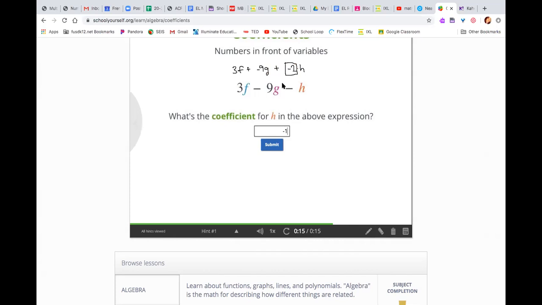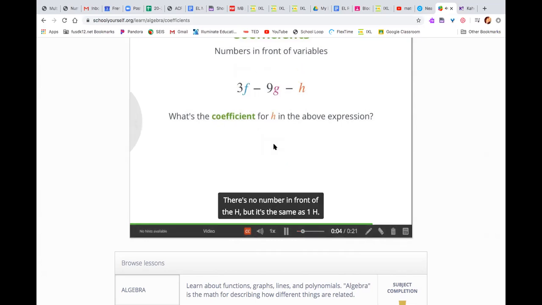And is that tricky, having to remember that they're writing it another way? We call that an equivalent expression. But understanding that a 1 goes in front is very important. Nicely done. There's no number in front of the h, but it's the same as 1h. And subtracting 1h is the same as adding negative 1h. So the coefficient for h is negative 1.